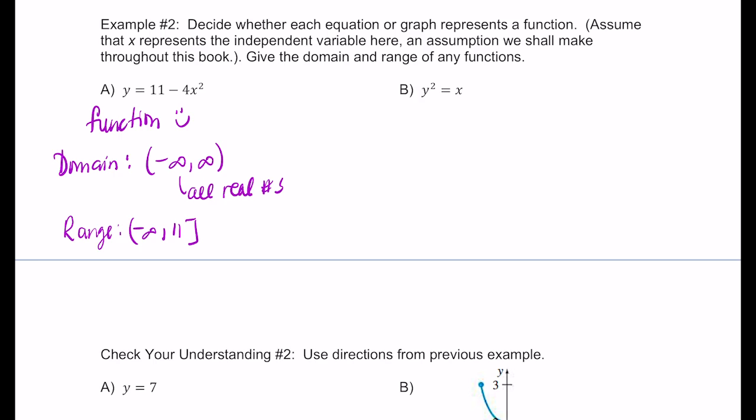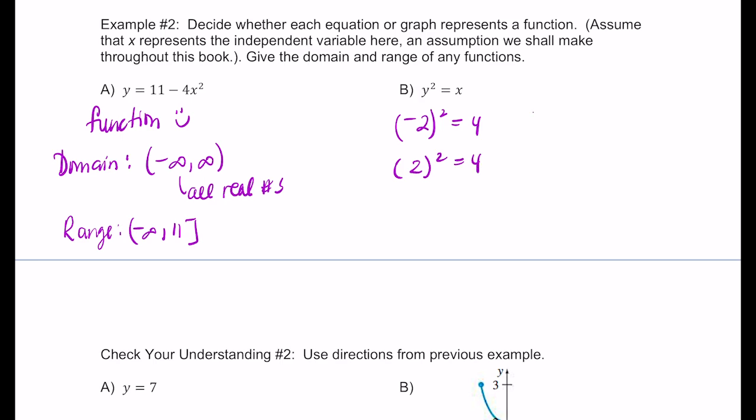Okay, now you've got y squared equals x. So this time, if you think about it, you are plugging in a y value and squaring it and getting an x value. Now I could take, let's say, the number -2 for y and plug it in and square it and I get 4. But I can do the same thing with the positive version of 2 and square it and still get 4.